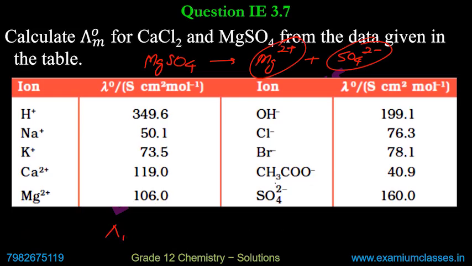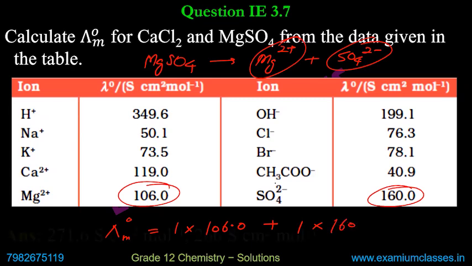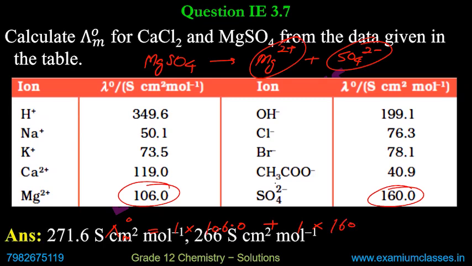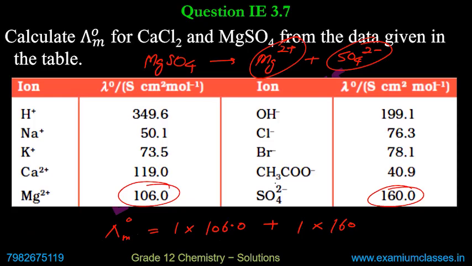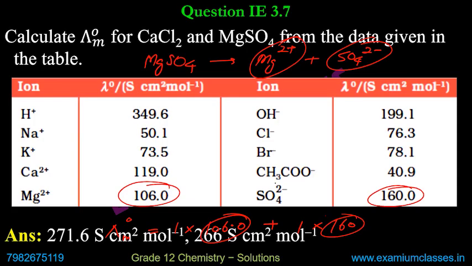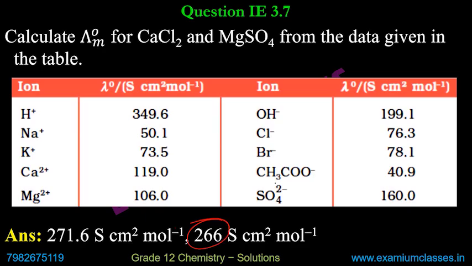So again lambda m naught will be 1 multiplied by magnesium 106.0 plus number of anions 1, SO4 2 minus 160. So you will get 106 plus 160 will be 266. That will be the answer. Simple questions.